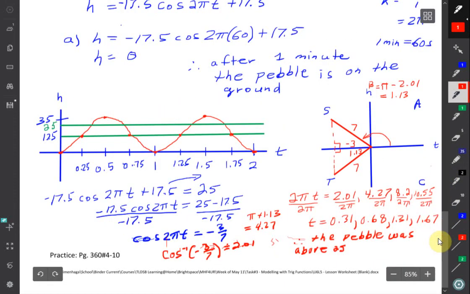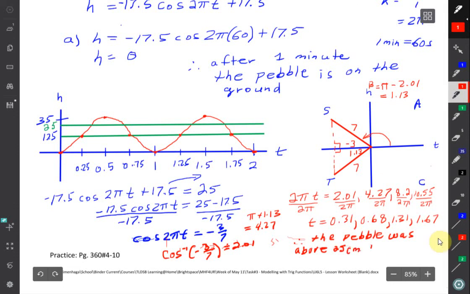Centimeters. 25 centimeters between 0.31 and 0.68 seconds, and 1.31 and 1.67 seconds.